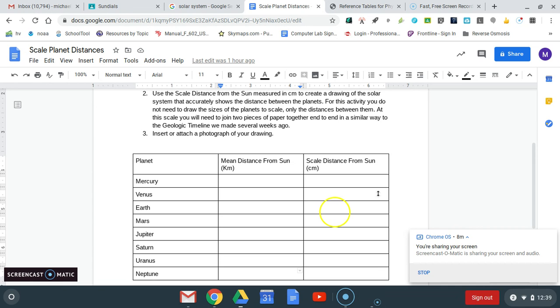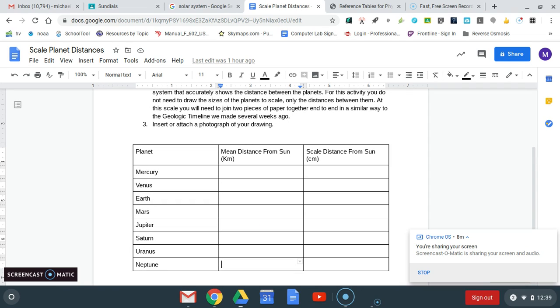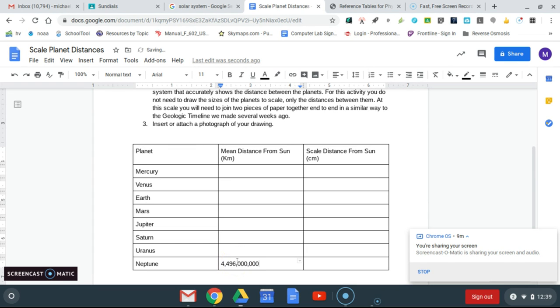Okay, sorry about that. Okay, so for Neptune, if we convert it into millions of kilometers, I get 496.123, and that would be equal to the distance of Neptune in millions of kilometers, or at least it should be.